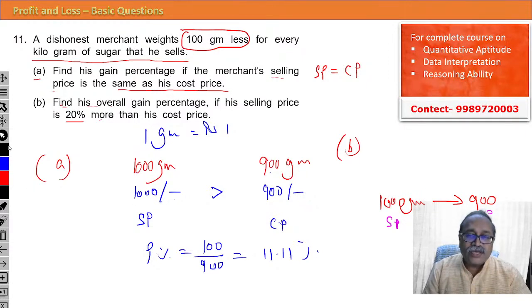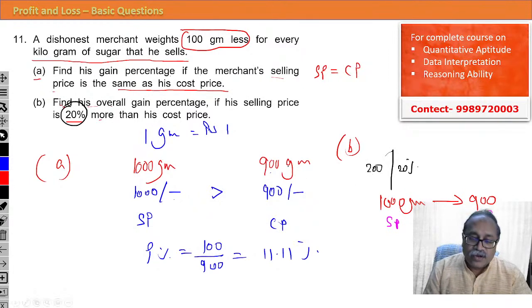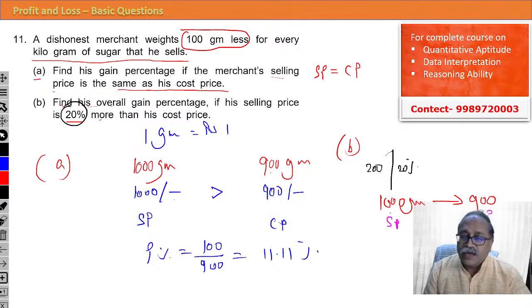Why? Because he is making another 20% profit on this. 20% profit, and 20% of 1000 is nothing but 200 grams. Now the total will be 1000 gram plus 200 gram, that's 1200 gram. This is actual SP or final SP.